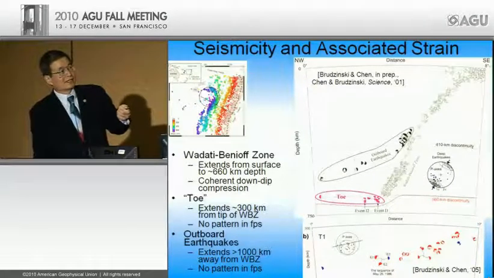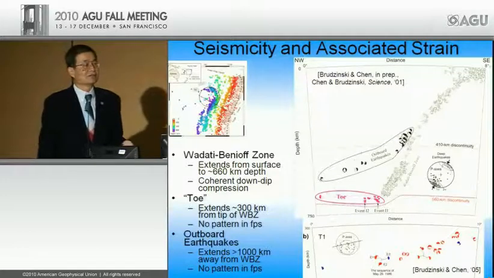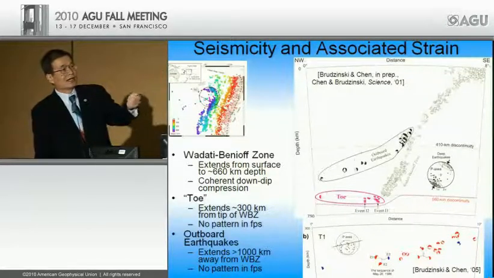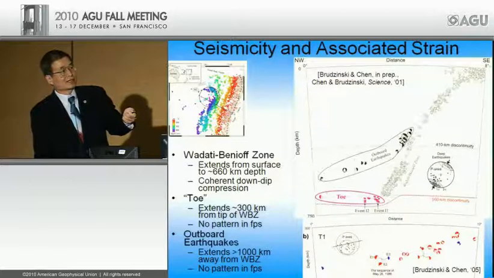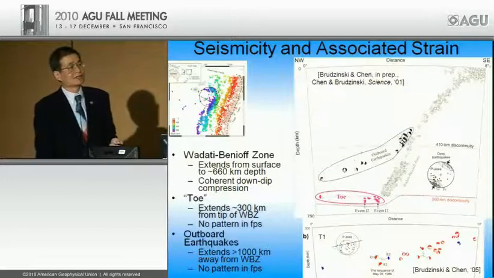And in this case, we have the familiar down-dip compression. This is an equal area projection of the P-axis, the axis of maximum compression. Now, this is a vertical plane because we're looking at a cross-section. So you can see that the P-axes congregate near those poles, which form a line which is subparallel to the shape of this distribution of seismicity.